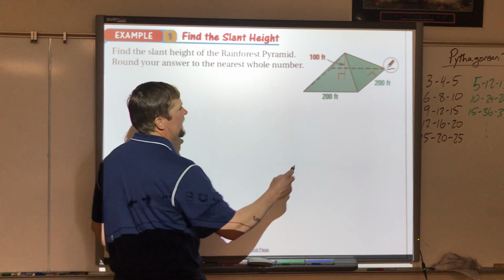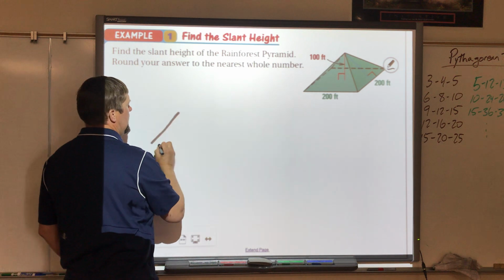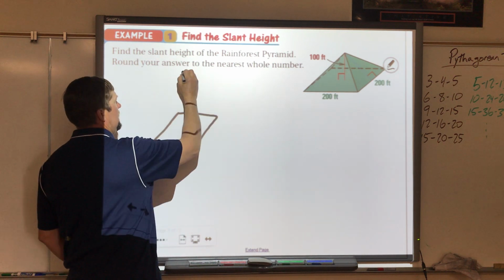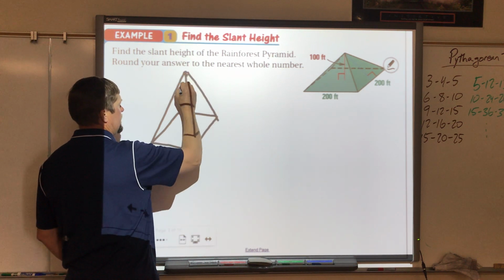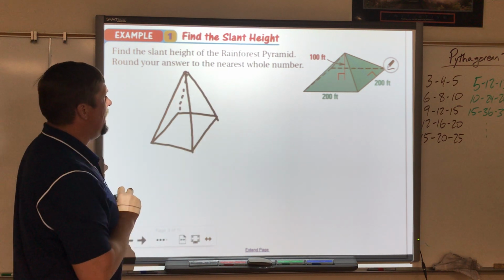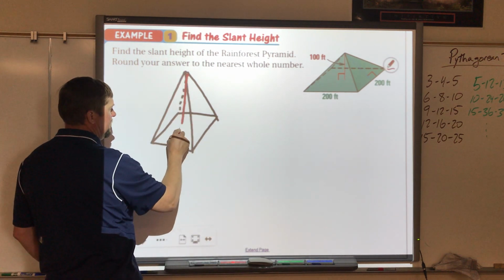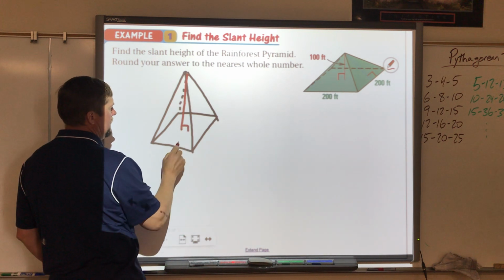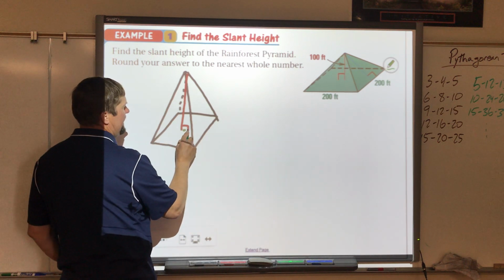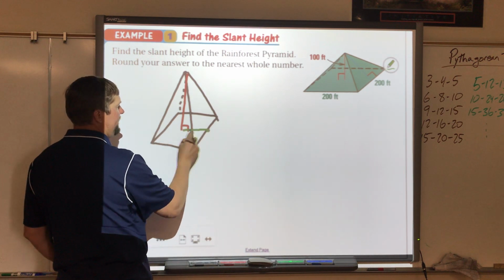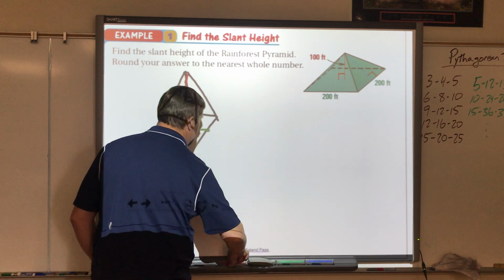Okay, to find the slant height, we have basically a rectangle with triangle sides, and we know that the height of this comes to the center. We also know that this is half of the edge. So we know that this is 100.